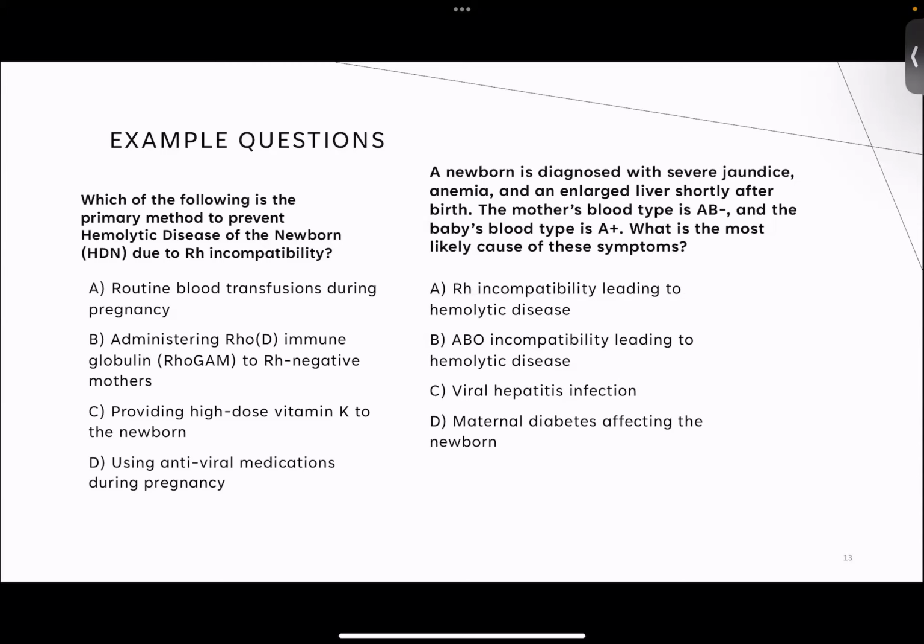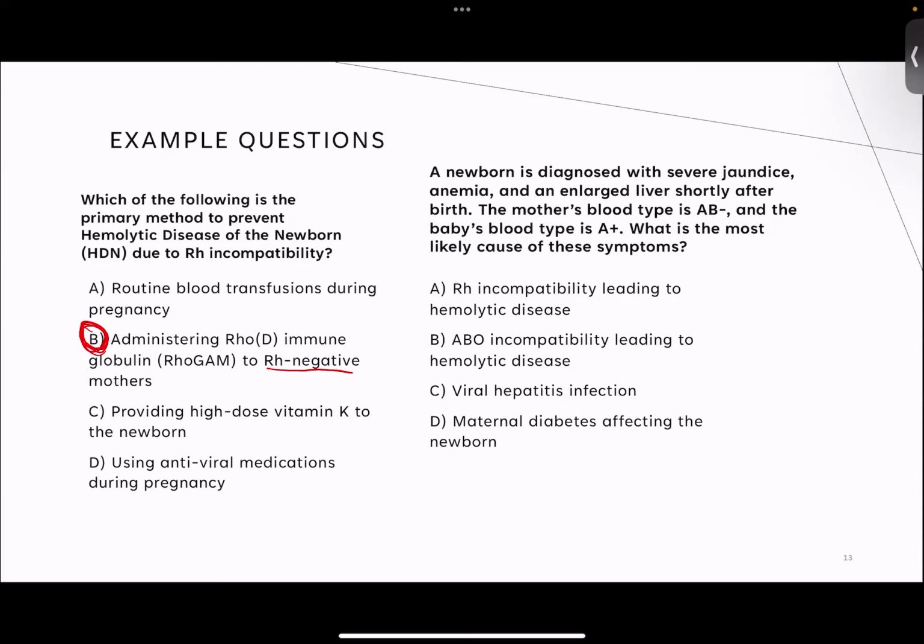What do we do to prevent that? We administer an immune globulin that reacts to the antibodies made by our RH negative mothers. So RH negative mothers make antibodies against the RH group in the baby, and so we have made RhoGAM that blocks those antibodies.